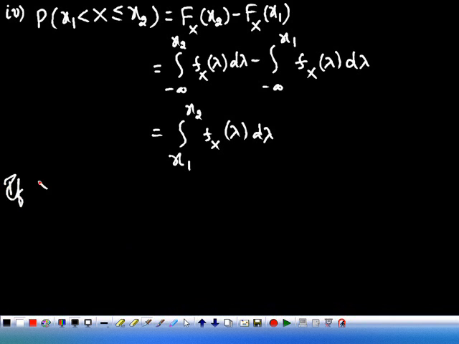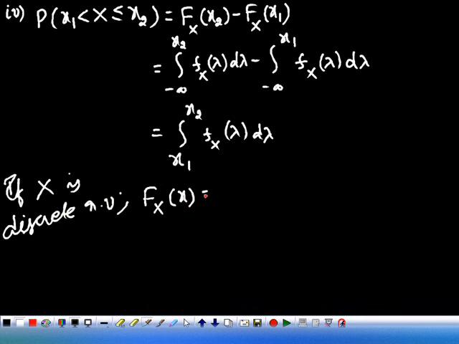See, if X is discrete, we can write FX(x) as the sum over i equal to 1 to n of the probability of X equal to xi, as we just proved, times u(x minus xi).